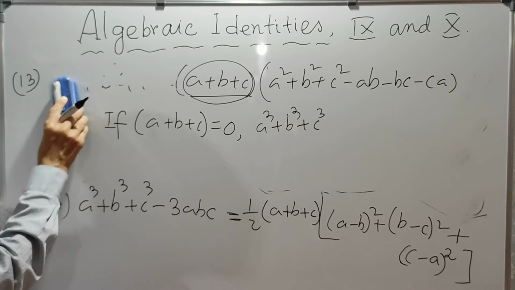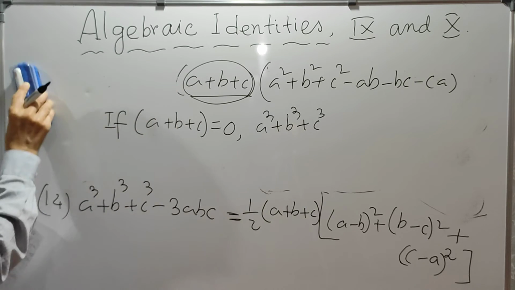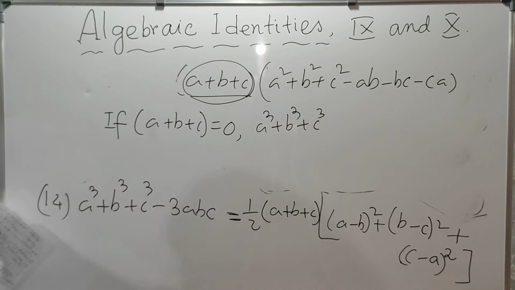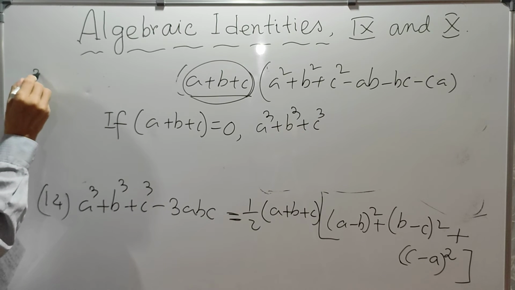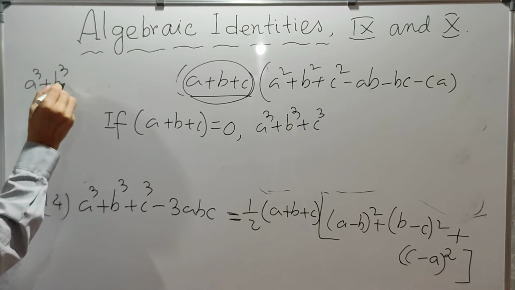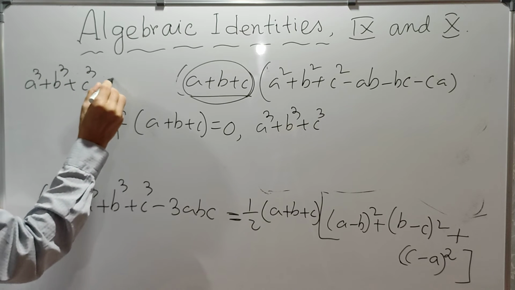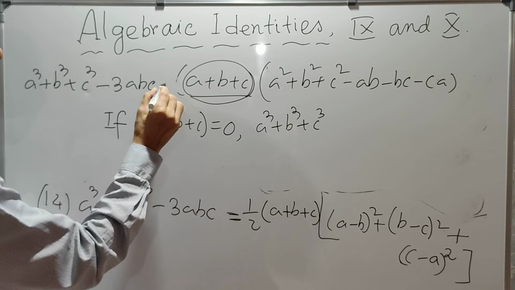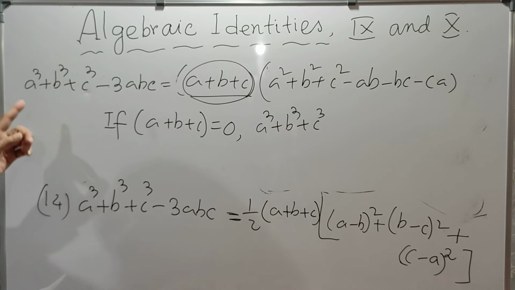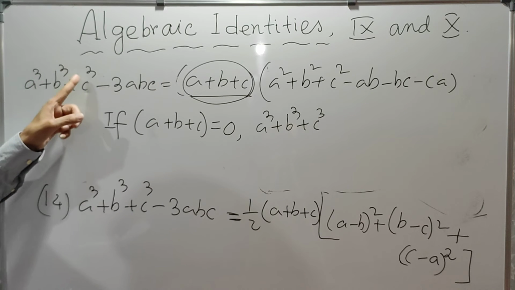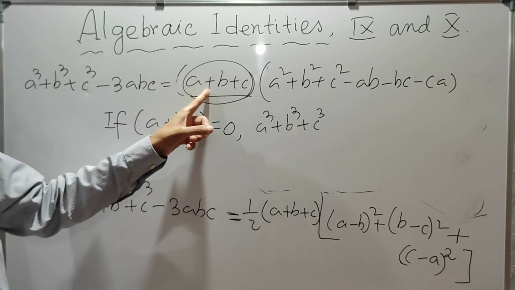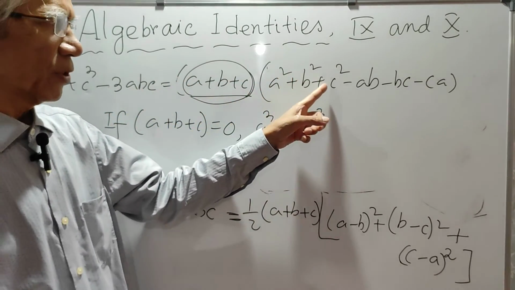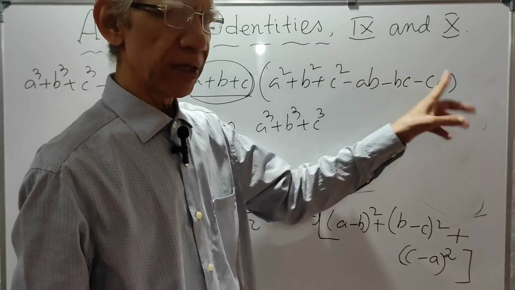A cube plus b cube plus c cube minus thrice abc equal to a plus b plus c into a square plus b square plus c square minus ab minus bc minus ca.